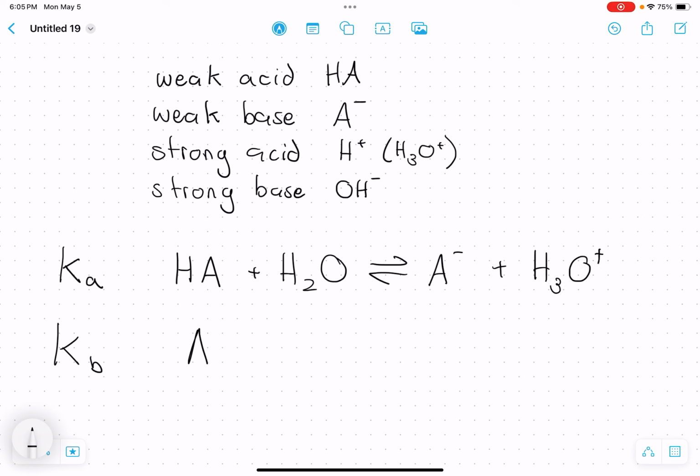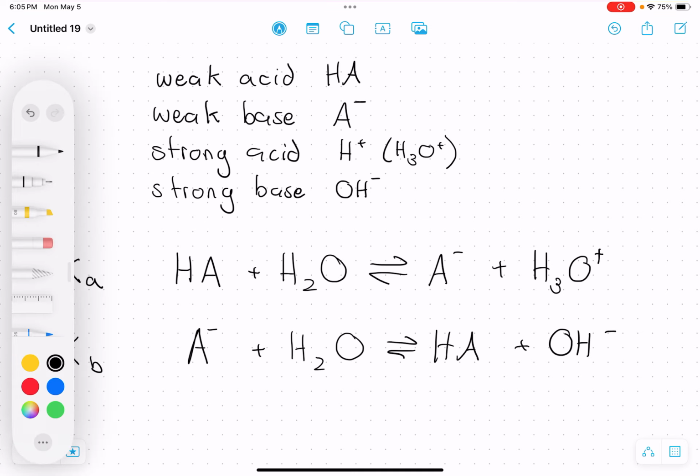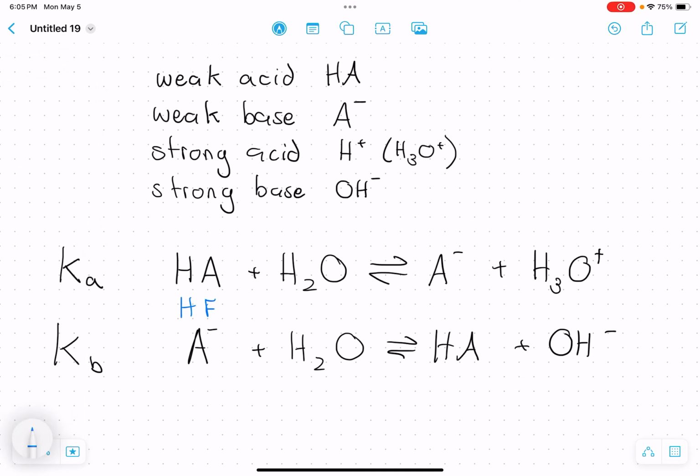Kb is always A minus plus water forming HA and OH minus. So examples of this would be like HF plus water forming F minus plus H3O plus. And in the Kb version, it would be F minus and HF.